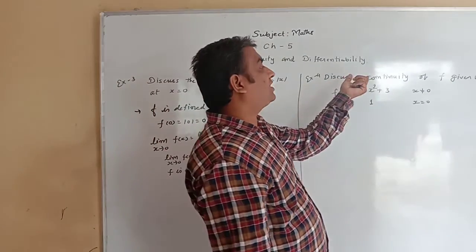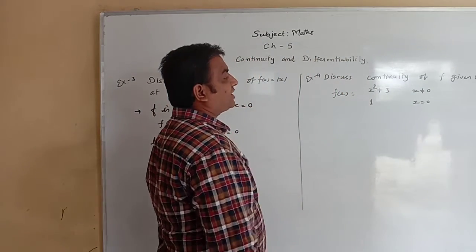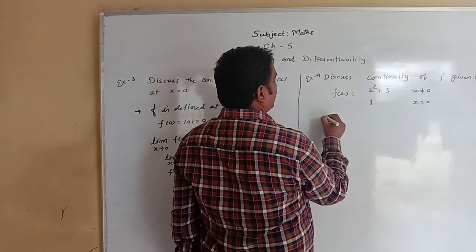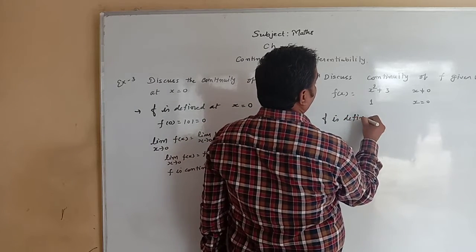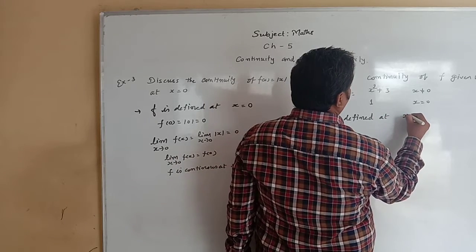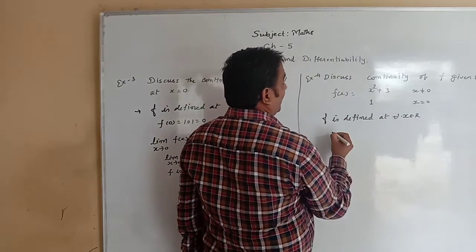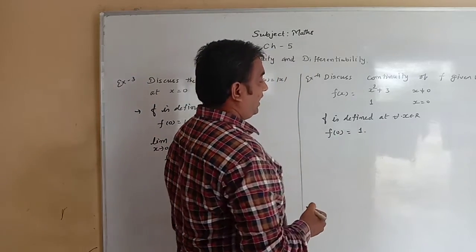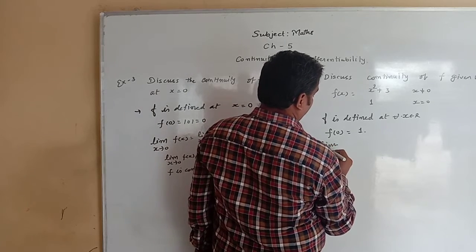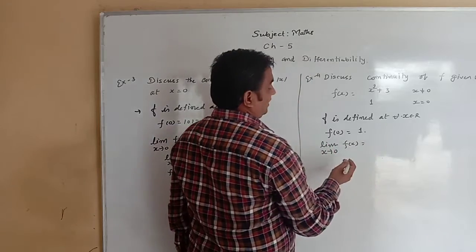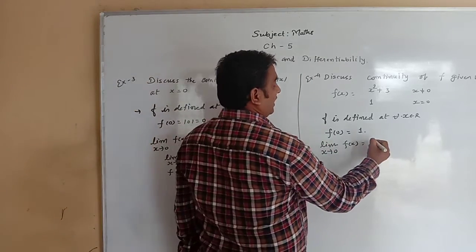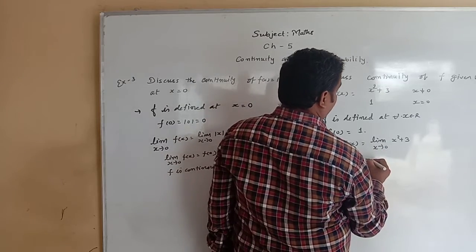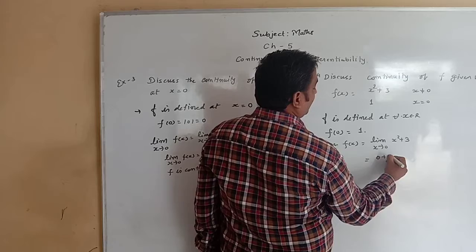Now example 4: discuss the continuity of f given by f(x) equals x square plus 3 when x is not equal to 0, and 1 when x equals 0. Clearly f is defined at every point x belonging to R. f(0) is given as 1. For the limit, x tends to 0 but is not 0, so we write the limit as x tends to 0 of x square plus 3, which is 0 plus 3, that is 3.